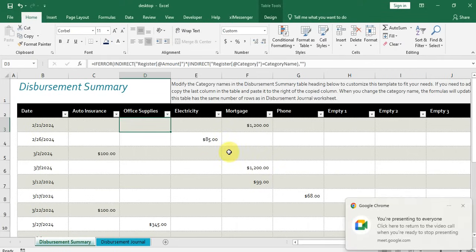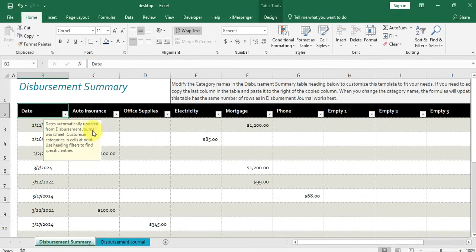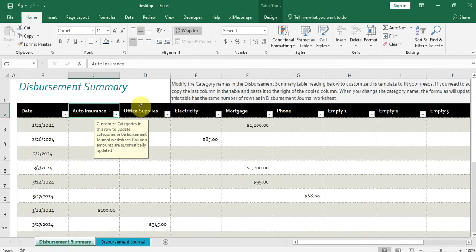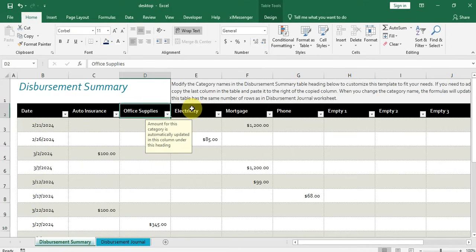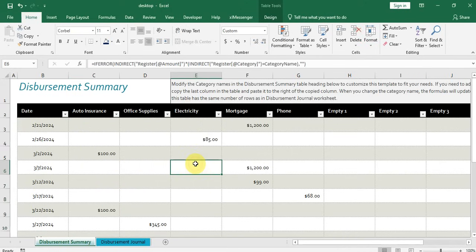Let's continue. Yes, so as I was saying, as a normal person, when you see this, you can see this is the topic, it is date, this is the topic, it is auto insurance, this is the topic, office supplies, this is the topic, electricity. But Excel doesn't see it like that. Excel sees it to be the heading only when you have set it to be a table.